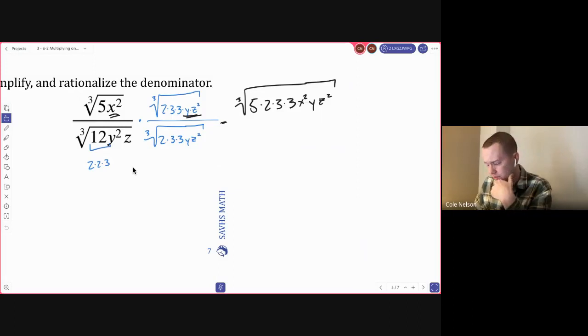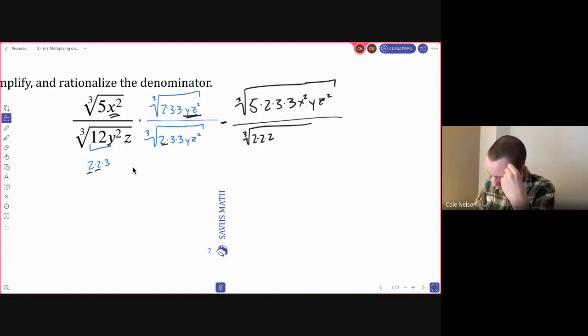And on the bottom, I have cube root of, well, 2 times 2 times 2, because that's what we constructed here. And then we have 3 times 3 times 3, because that's what we constructed here. And then we have y cubed and then z cubed.